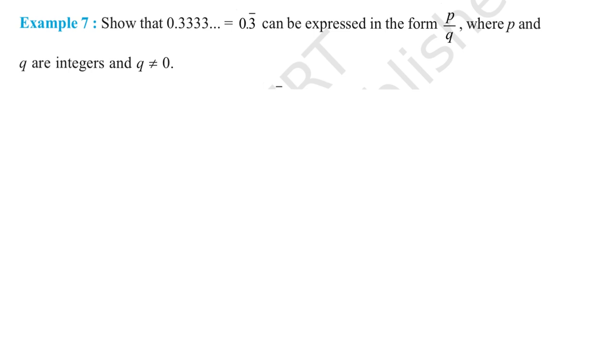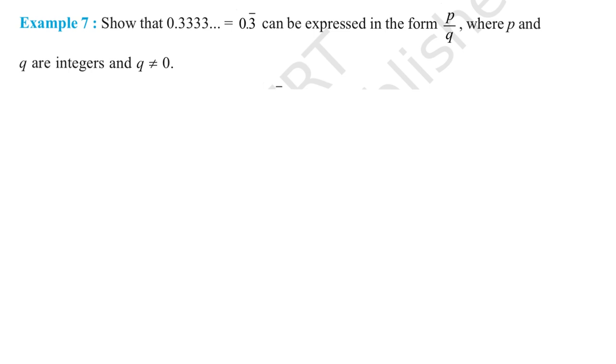Okay? So let us see now. Is 0.333, which is 0.3 bar, a rational number? Yes. Can we write that as a fraction? Okay, we can. So let us see the steps now. How to change a non-terminating but repeating decimal.